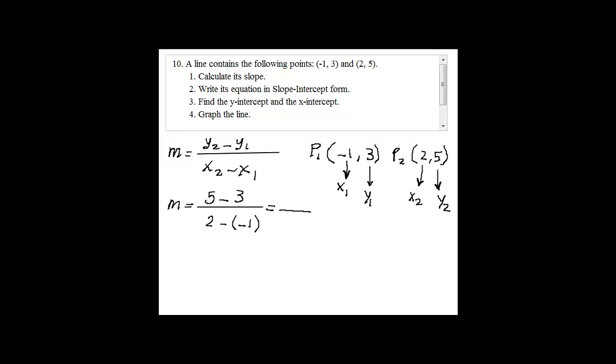Okay, I don't get any response from Patrick. So Daisy, you want to tell me what you get for the slope? Okay, I lost Daisy. Nia, I didn't get your answer.